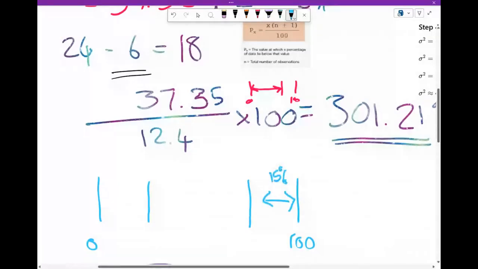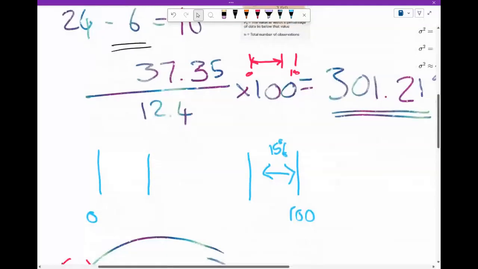Okay? So to fall within that, what must we not be a part of? The bottom what? This is the bottom 85%. So now what must we calculate for?